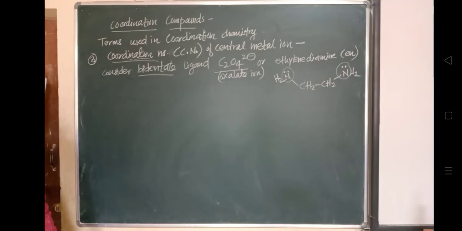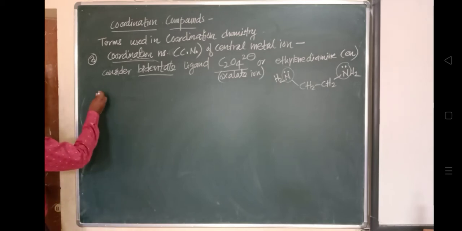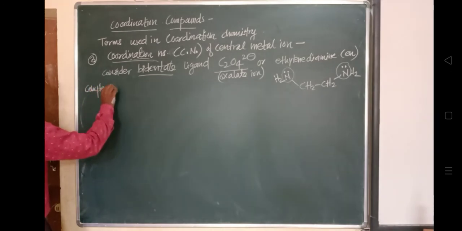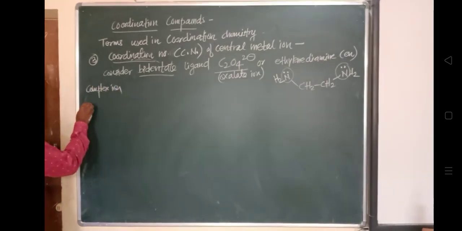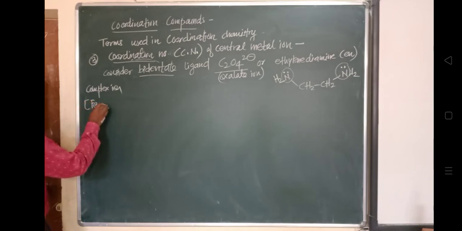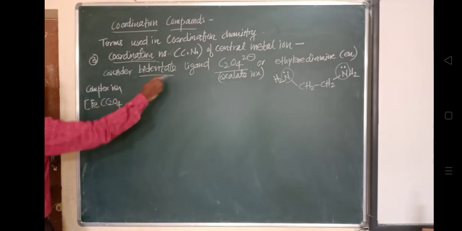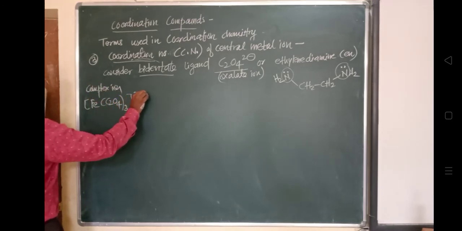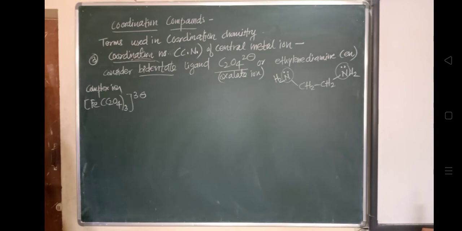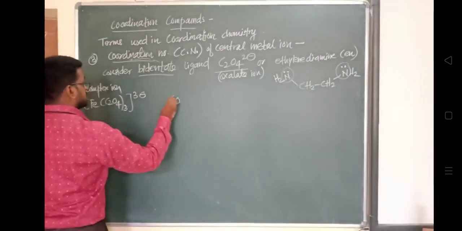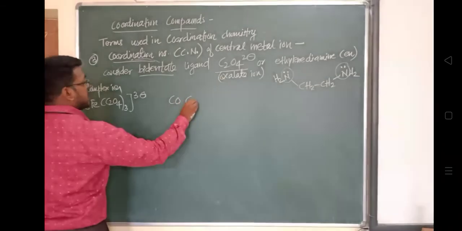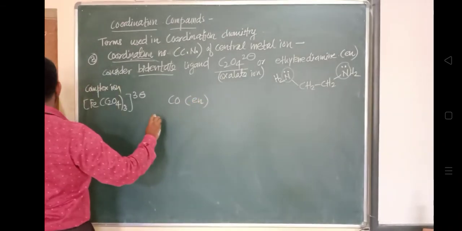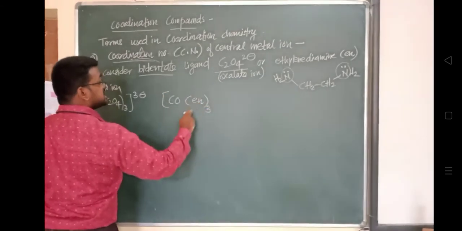So the coordination number of Fe: it has 3 bidentate ligands, so 3 multiplied by 2 is 6.